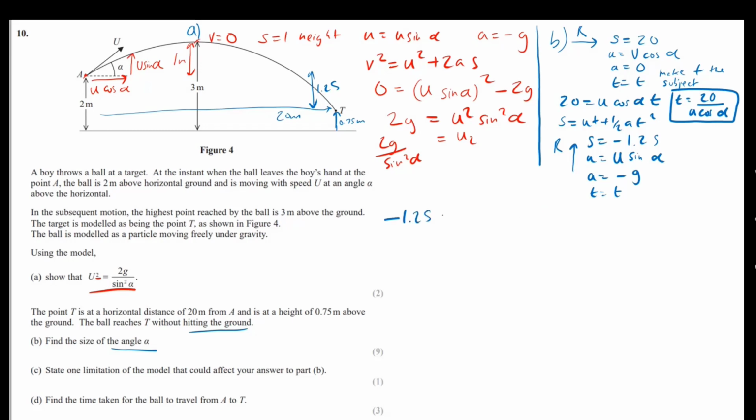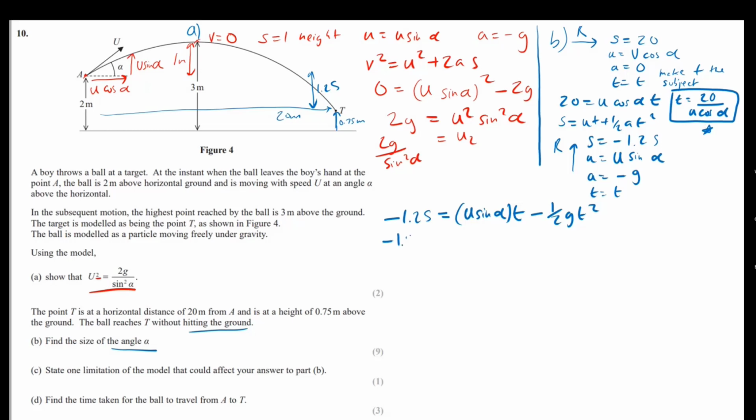So we're going to get minus 1.25 equals u sine alpha. Let's just put in the bracket t minus a half gt squared. Now we're going to sub this into here for t.